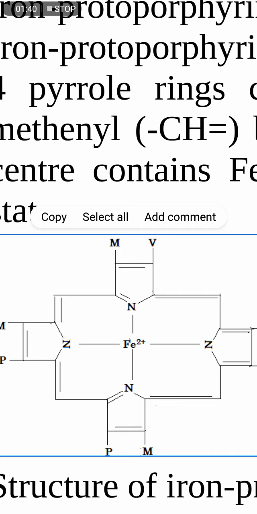Here, 4 valencies are joined with the 4 pyrrole rings. The 5th valency is linked with the proximal histidine of 1 globin chain, and the 6th valency is linked with the distal histidine in the deoxygenated state by a water molecule, and in the oxygenated state joins with oxygen.